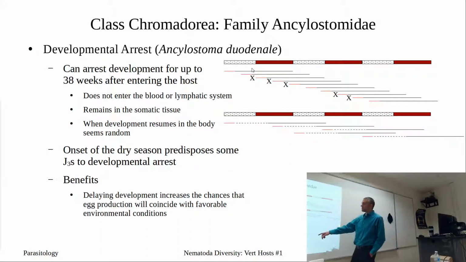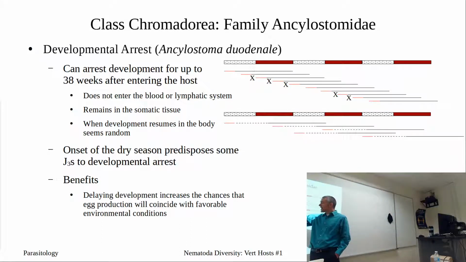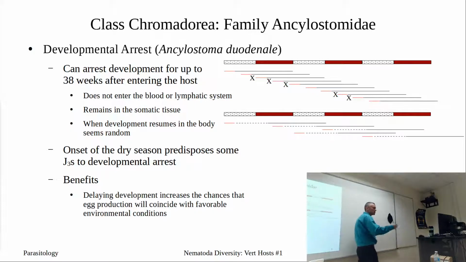With this developmental arrest, we have it programmed so that some of these worms that get into it, they wait. And they come out at a random time. So some of them undergo developmental arrest for a week. Those guys, very short dashed line up here. So this is development in the soils, and then the dashed line here is our developmental arrest.